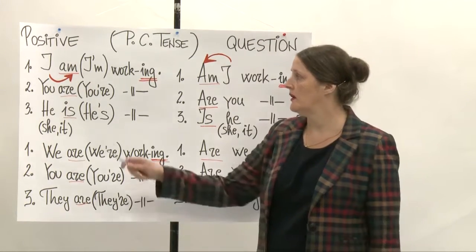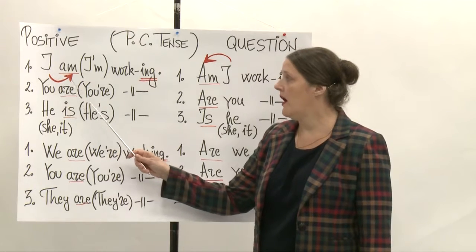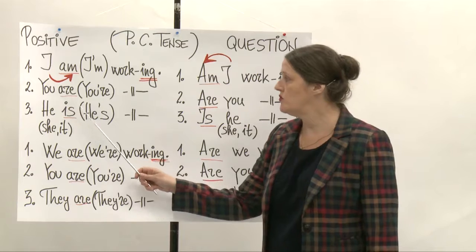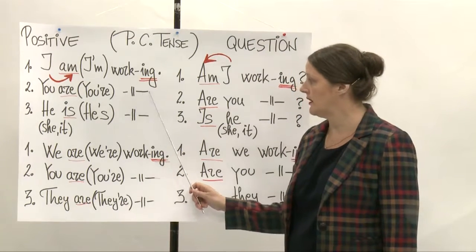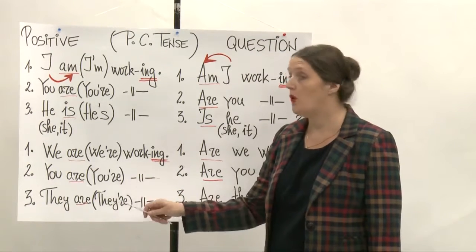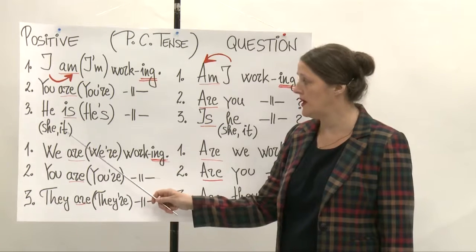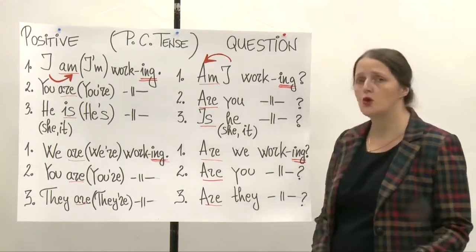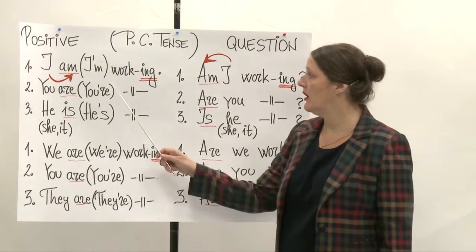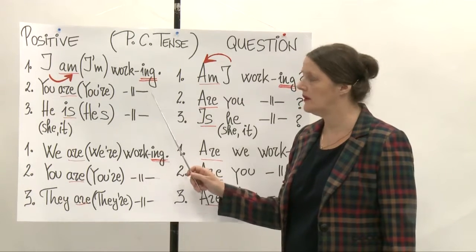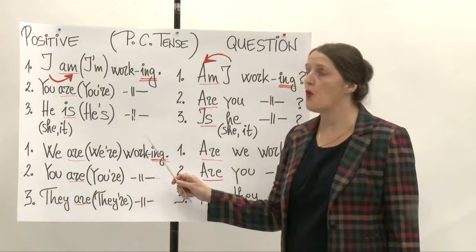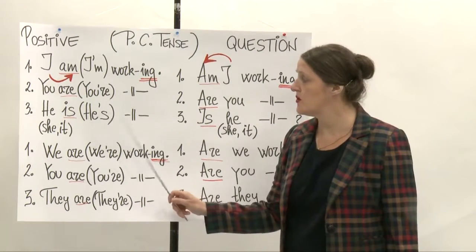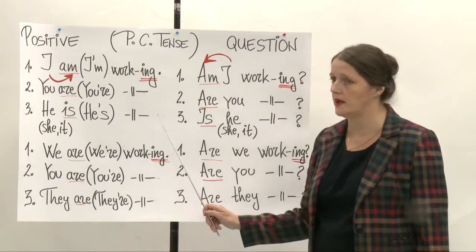In singular, we have I am working. You are working. He or she or it is working. Or in a short form, we have I'm working. You're working. He's or she's or it's working.